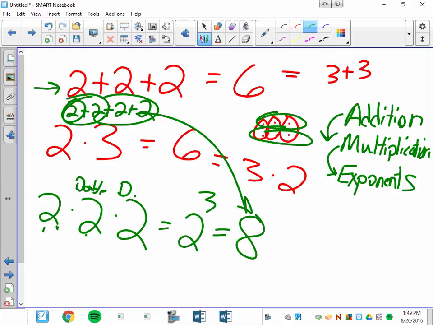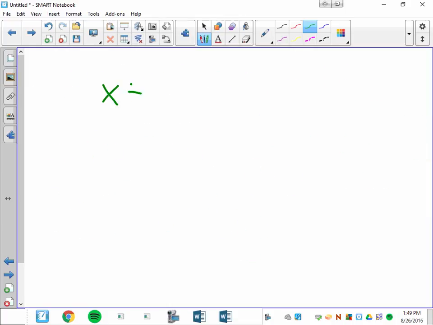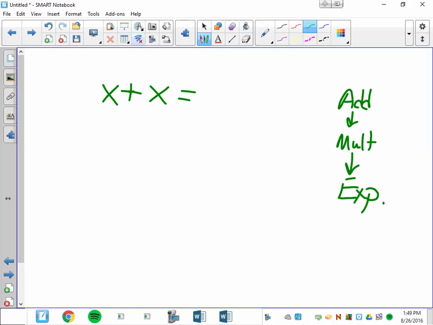Well, how does that help us? Well, what is x plus x? Let's think about it. Addition gets turned into multiplication, which gets turned into exponents. So x plus x turns an addition problem into a multiplication problem, which would be 2x.